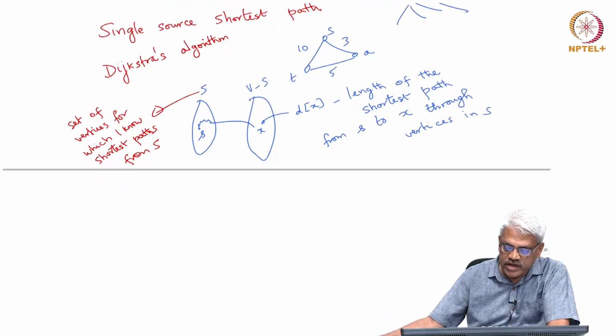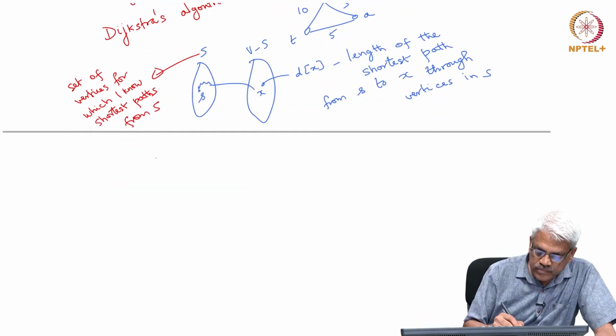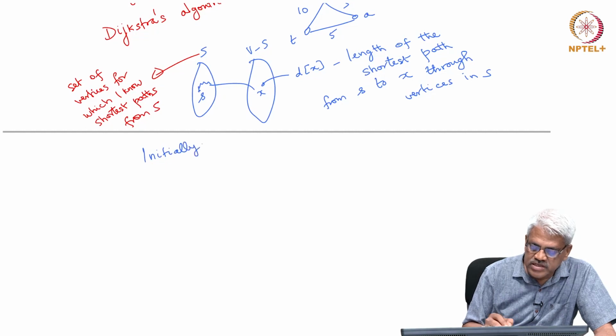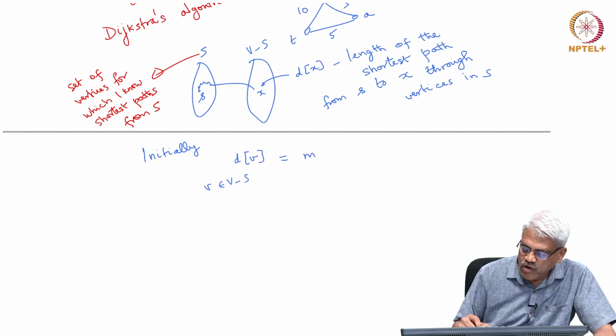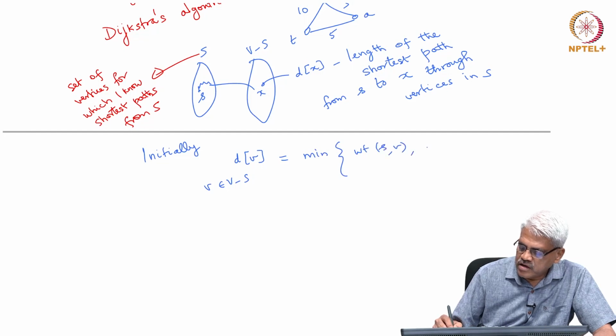So initially, quickly think about and tell me what it is initially. Basically d of v for v in V minus S is the minimum of the weight of (s, v) and infinity.